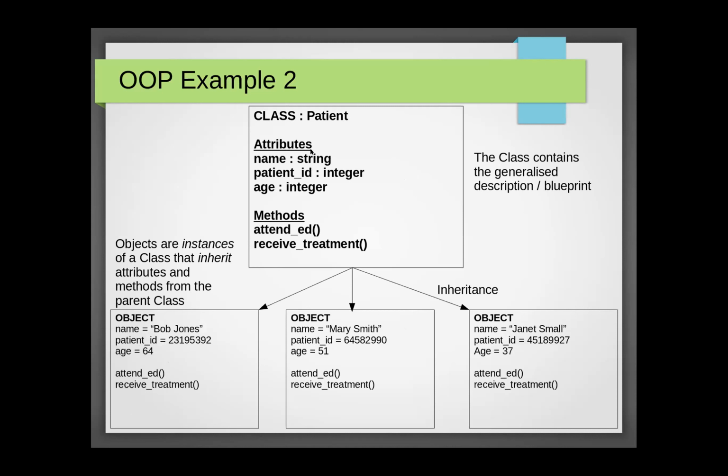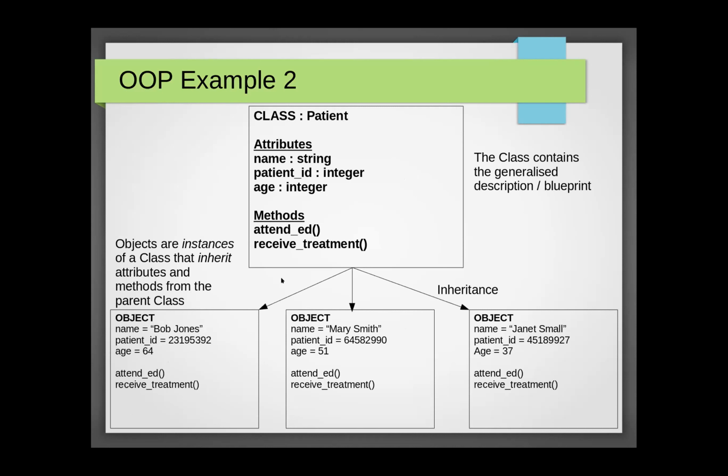Let's consider another example. Let's imagine we have a class called patient, and the patient has attributes with a name, which is a string, patient ID, which is an integer, and age, which is an integer. And it also has a couple of methods. So patients can attend DD and they can receive treatment. And then we create instances of this class, and these are the objects.